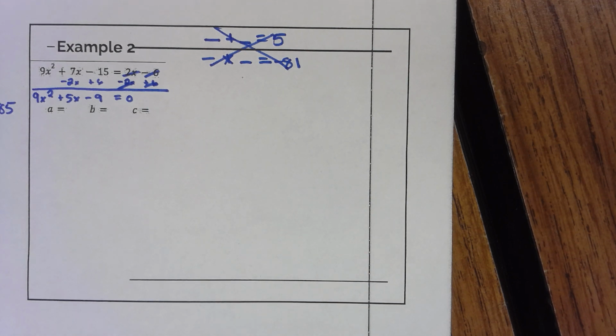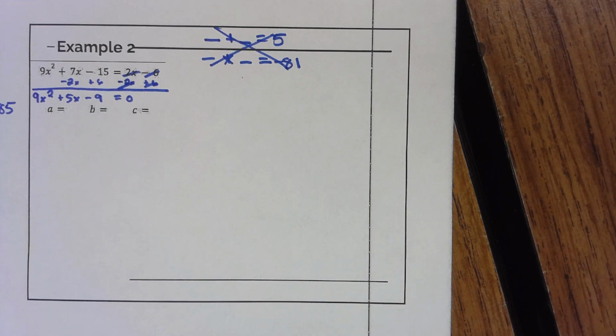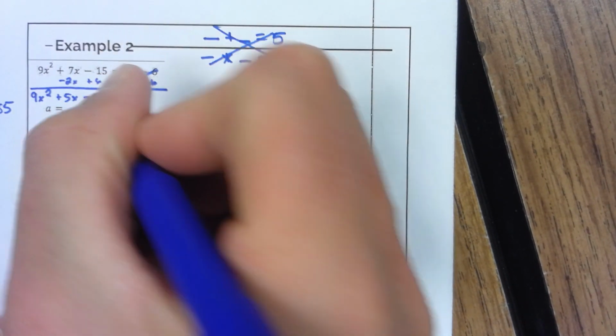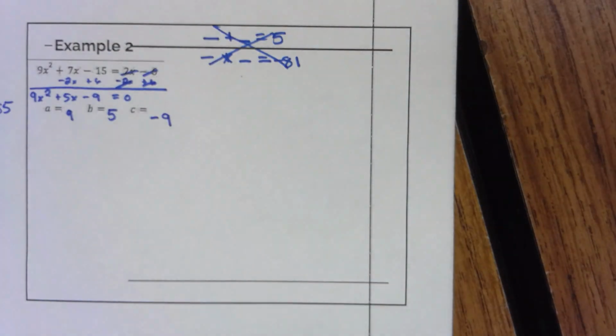And again, the quad formula works. Even if it was factorable, we still could use this quad formula. All right, so here we go with the quad formula. In this case, A is 9, B is 5, and C is negative 9.